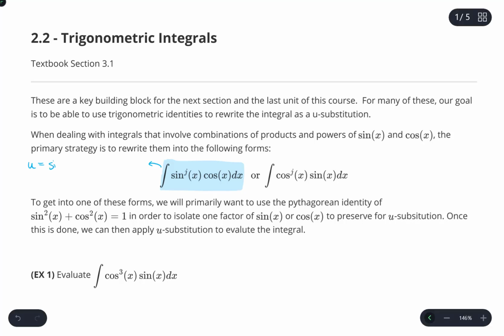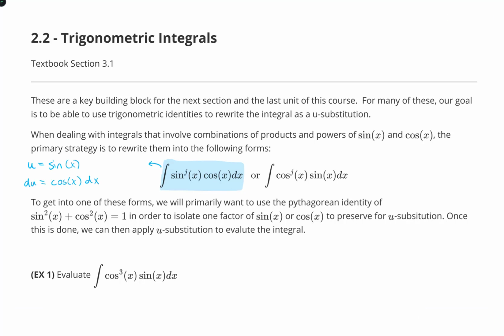So in this case, that would be sine of x. So that du would be cosine of x times dx. So that when we finish substituting, this problem would look like the integral of u to the j power du. And that's something that we could apply just a power rule to.